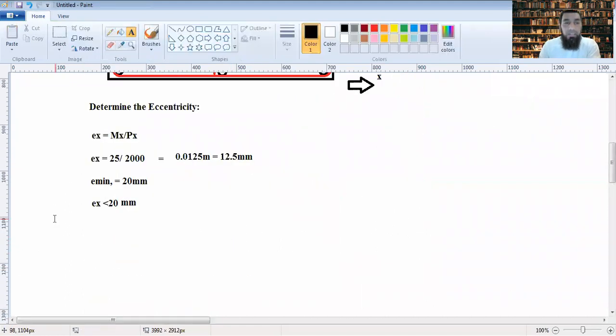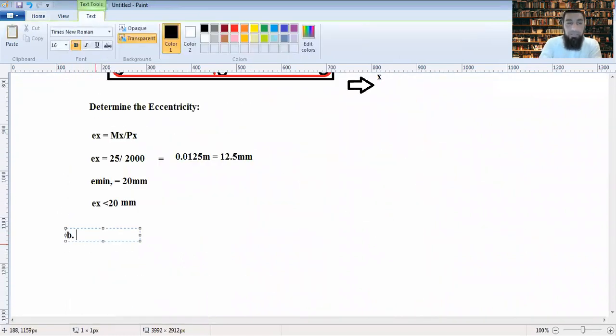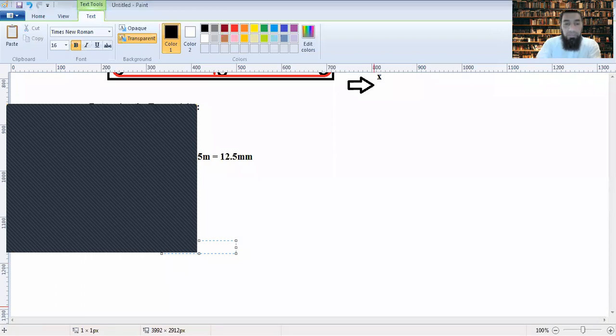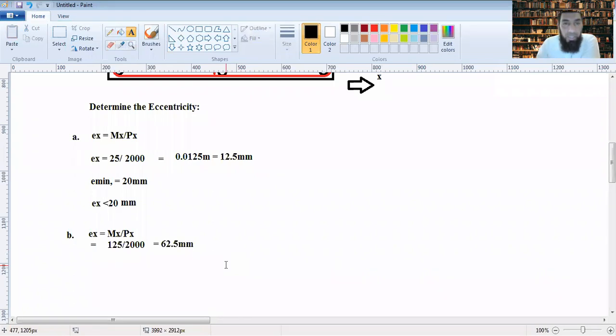In the second case, the moment given is 125. So let's go to the second case. Ex would be Mx by Px, that is, 125 divided by 2000, which comes to be 62.5 mm.